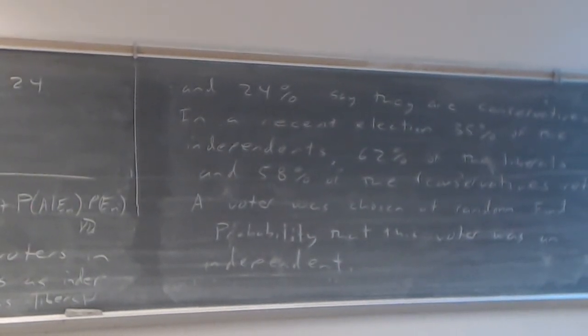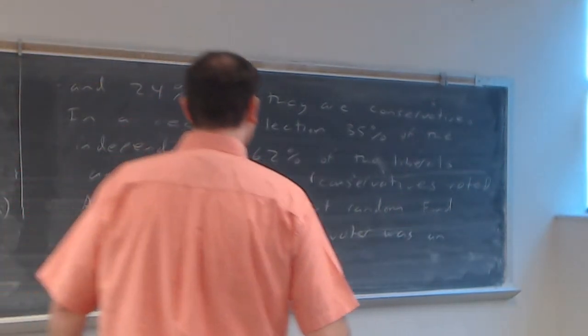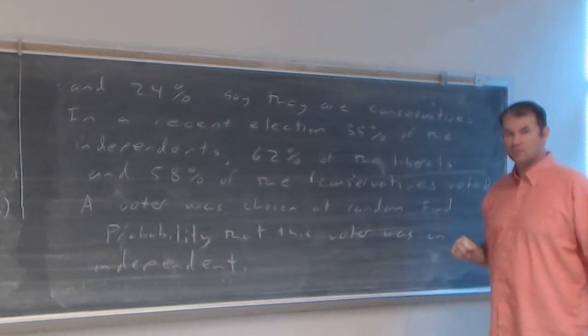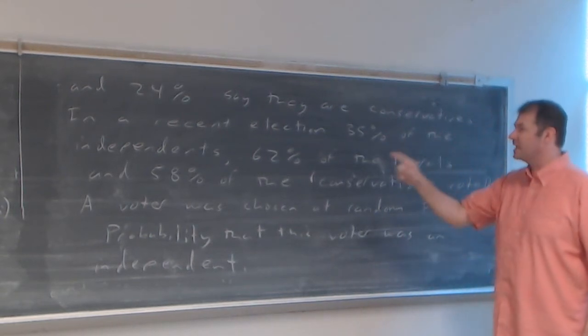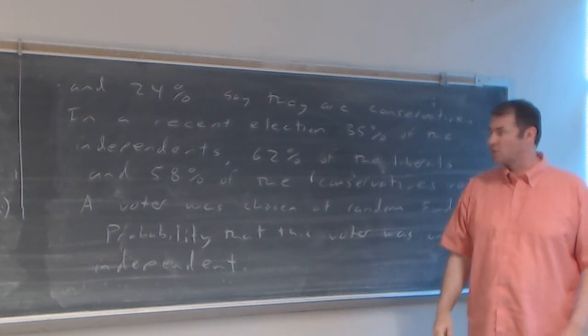Then let's go back to what it says over here. It says, in a recent election, 35% of the independents voted. And if you remember, we had that wording to look at.